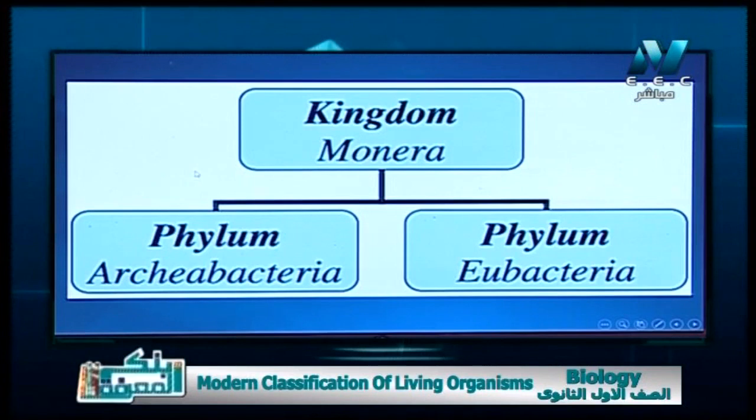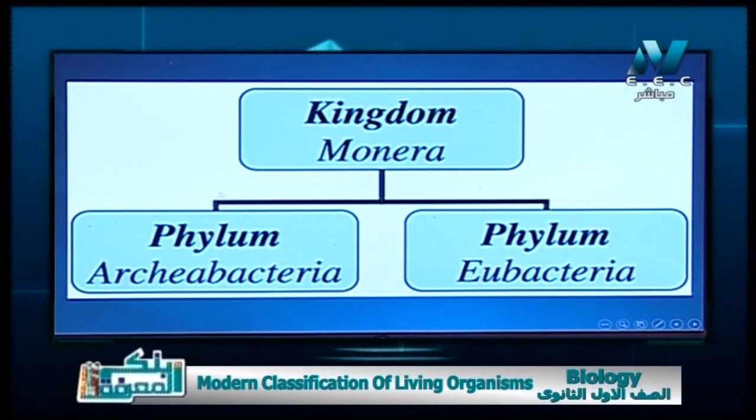The first kingdom is Kingdom Monera. Monera is the simplest form of life and includes all types of bacteria, which are the first creatures on the earth and widely spread in all environments that you can imagine, and include a huge number of organisms.